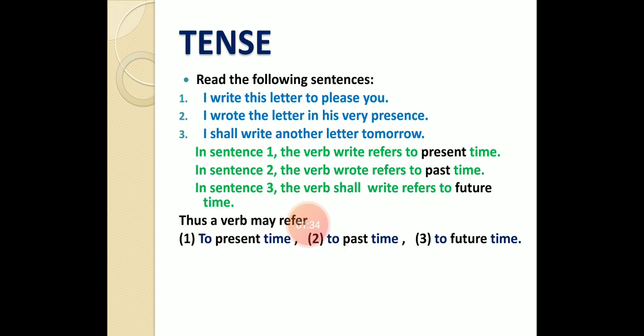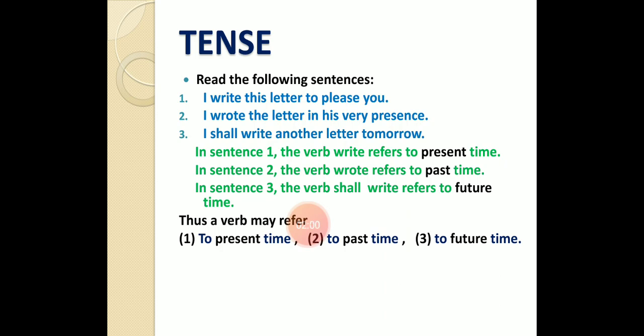So dear students, in the first sentence, the verb write refers to present time. In the second, the verb wrote refers to past time. In the third sentence, the verb shall write refers to future time.